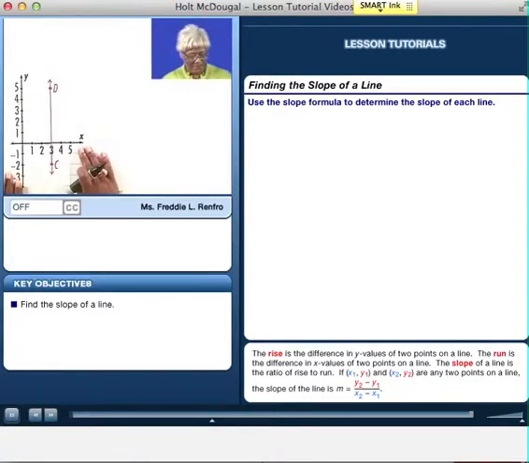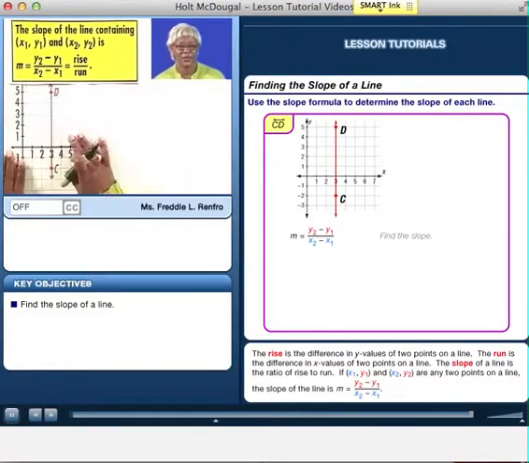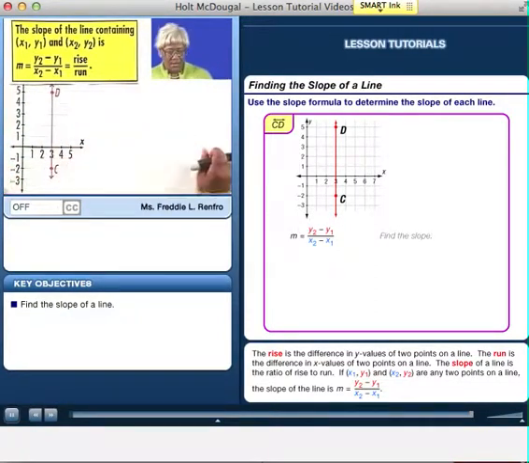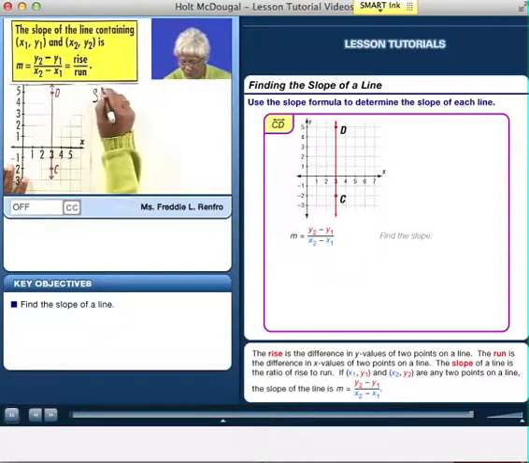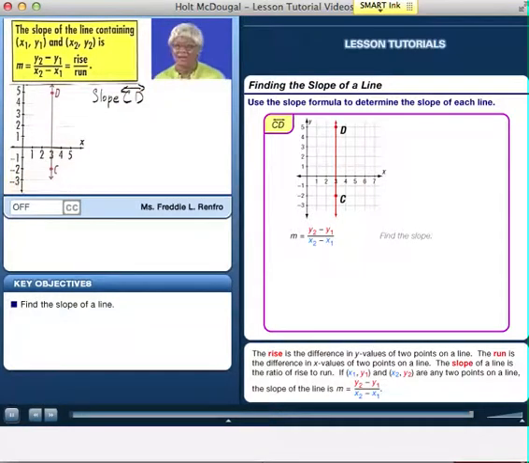Let's try CD. Once again, I'm going to put this up here so it will help us to remember our slope formula. We want to find the slope of line CD. We need to first identify some coordinates.